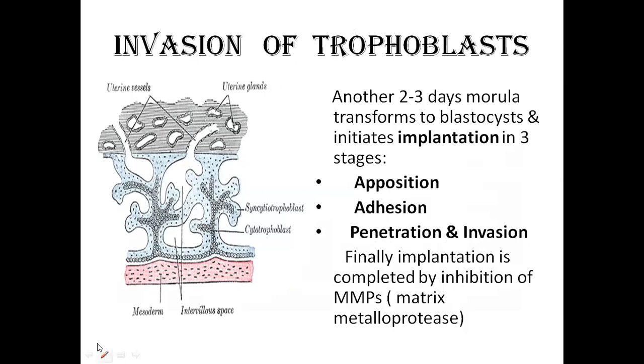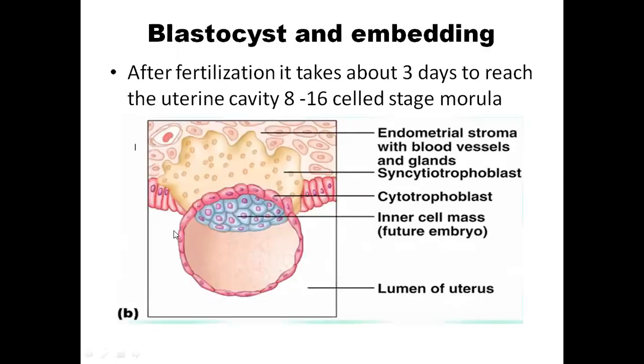So in the apposition, as they come near the suitable, favorable wall of the uterus, in the cavity of the uterus, we see that the cell adhesion molecules like integrin and osteopontin, along with the stromal fibronectin and the laminin, help in the adhesion or attachment or apposition.